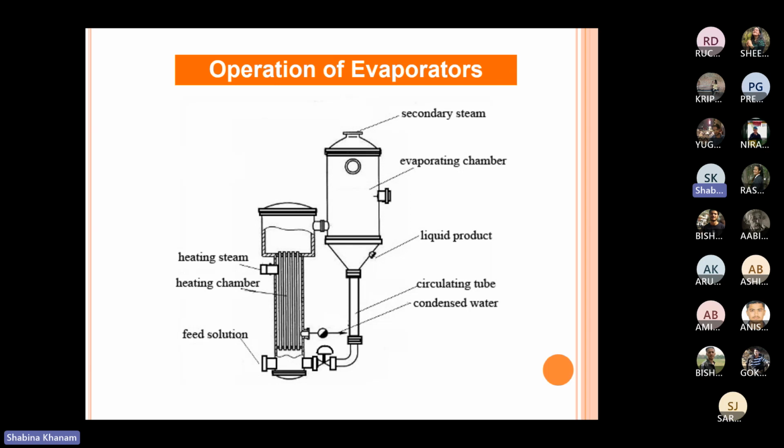Because of that density difference, the vapor settles out more easily when it is circulating at the inner periphery. The water available at the periphery goes down. However, the vapor which is generated gets separated from the liquid and then moves upward, and from here we can have the secondary steam.